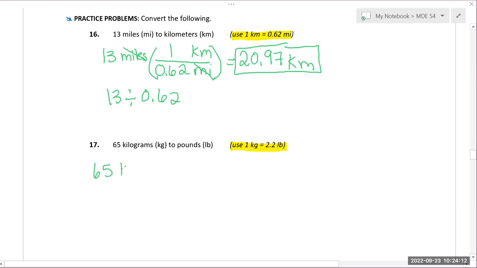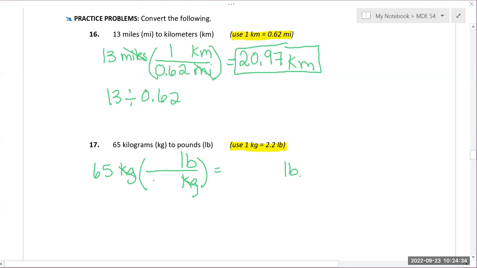So 65 kilograms, and I want pounds. Okay. So think, what's going to cancel out kilograms if I put it on the top or the bottom? Kilograms divided by kilograms would cancel it. So pounds needs to be up there.